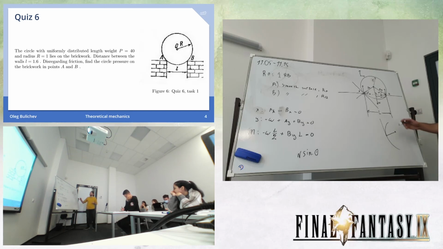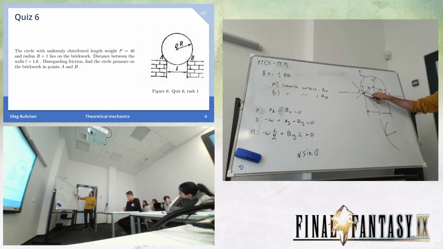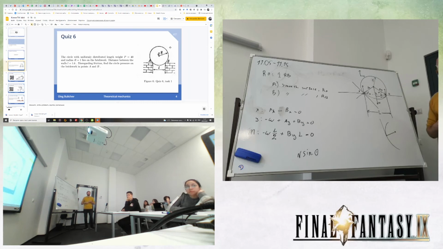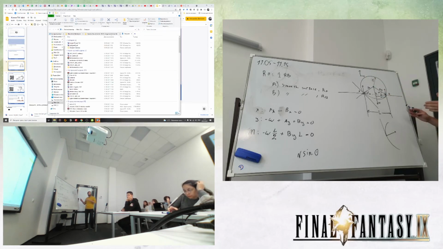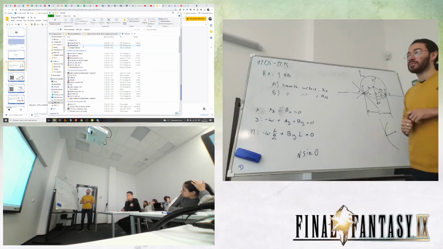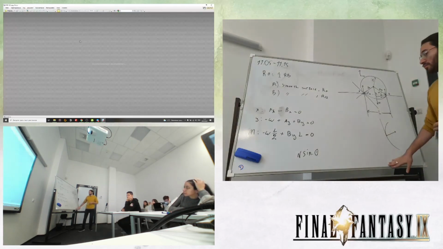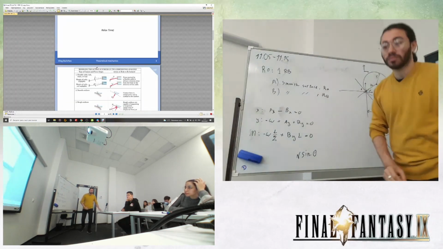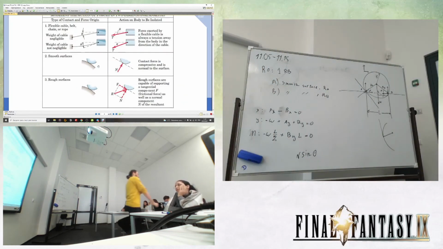Then we can prove that this force vector will be going to the center. Because this point is tangent to the circle, it was in the previous class. Since it's tangent, we can construct a plane tangent to this circle, and it will always point to the center. Thanks, Safe. So, normal to the surface.